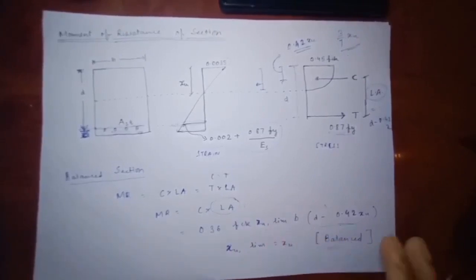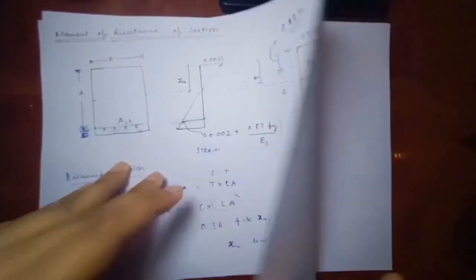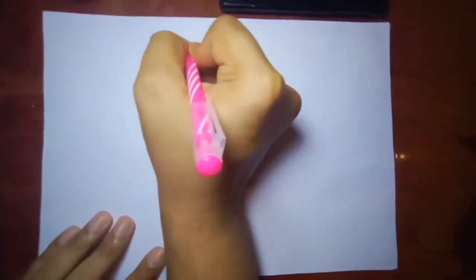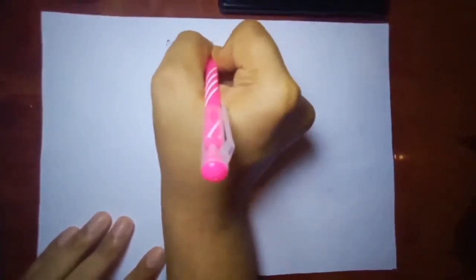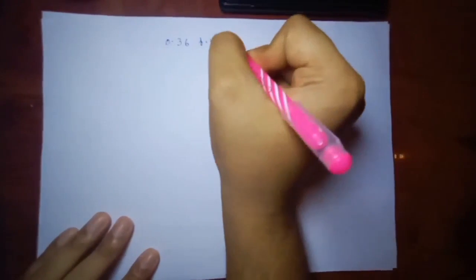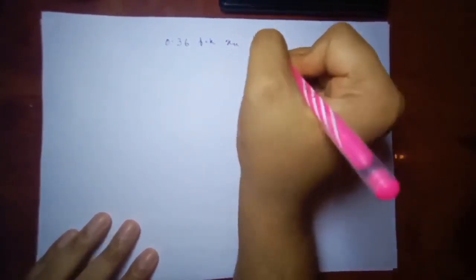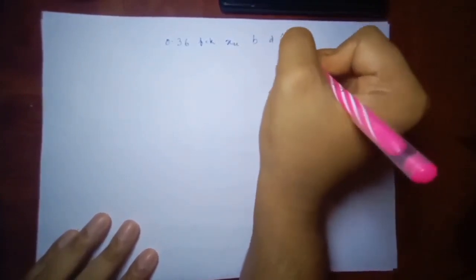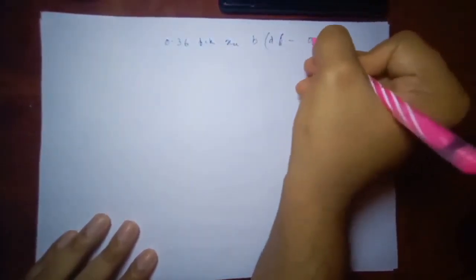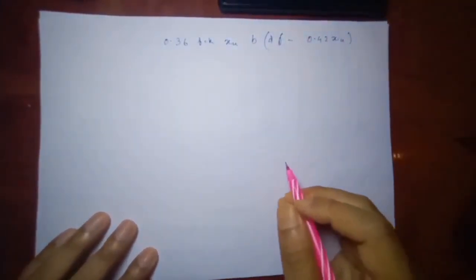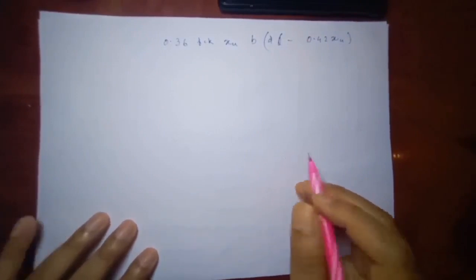So I will put this one as XU, and I can write it like this: 0.36 FCK, it will be replaced by XU, B times D minus 0.42 XU. This is d minus 0.42 XU.